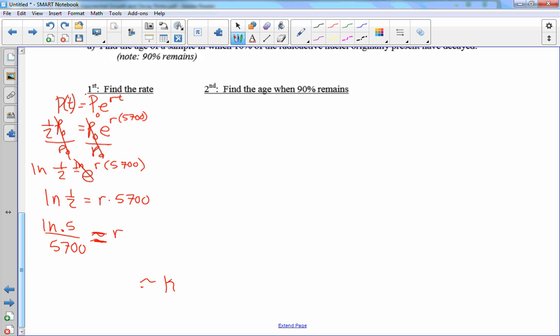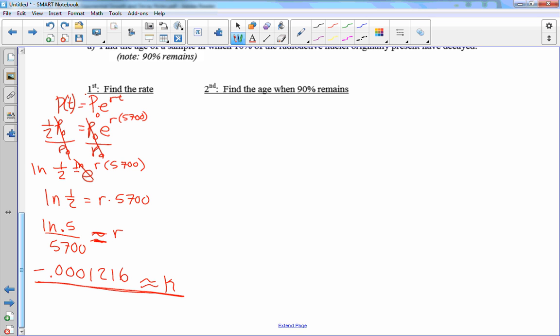What does e to the negative 4 mean for the decimal? Move the decimal 4 places to the left, because when the exponent is negative, it should be a really small decimal. Okay, so this is your rate.